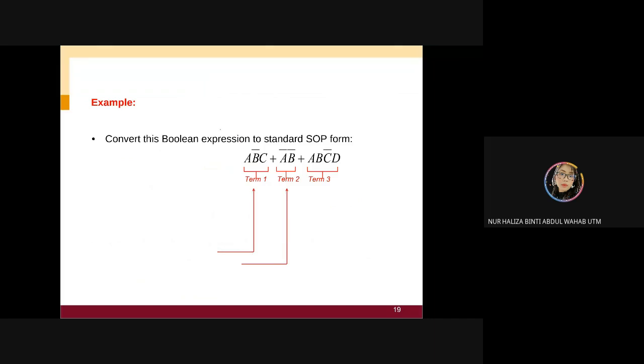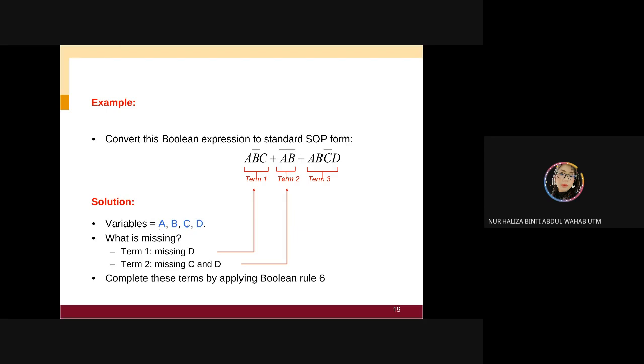So here, convert this Boolean expression from non-standard SOP form to standard SOP form. This is not standard because this is with D. This one is with C and D. This one is standard SOP form because you have A, B, C, and D. So how about the solution?